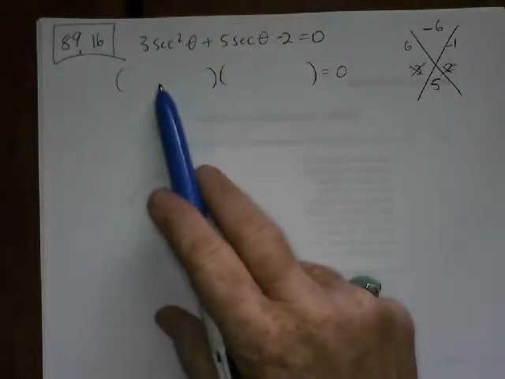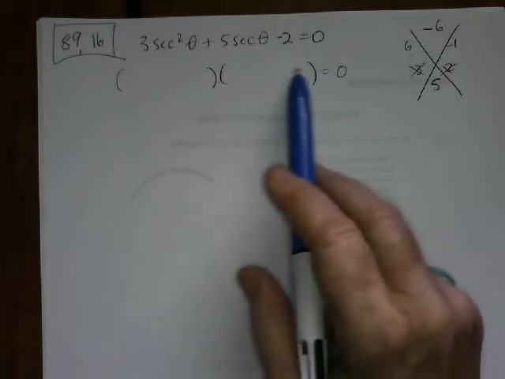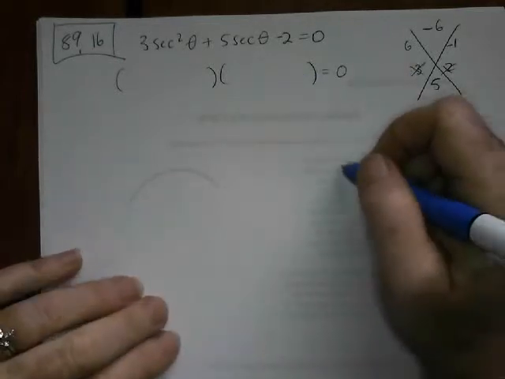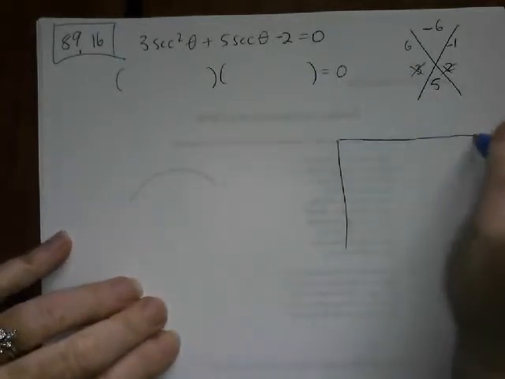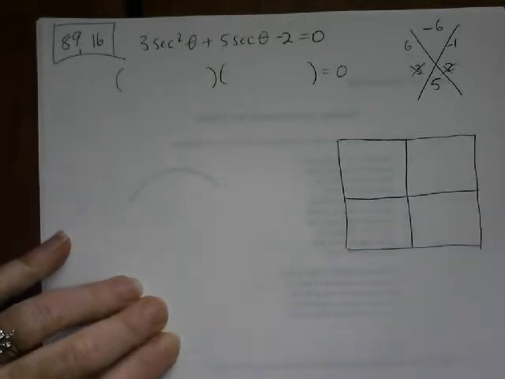So I can't just throw them in here. I can't just go secant theta plus 6 and secant theta minus 1. You can either factor by grouping, or you can use this area model. I've kind of started switching over to the area model.